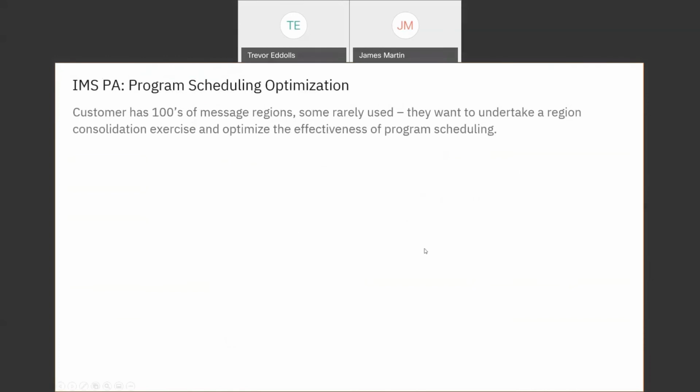Now, when we talk about program scheduling as well, something that we don't look at a lot of times, program scheduling optimization can really help us performance-wise, because a lot of times customers will have hundreds of message regions, some of them rarely used, and they may want to undertake a region consolidation exercise, right?